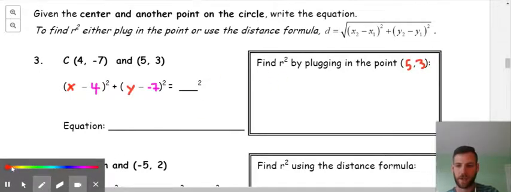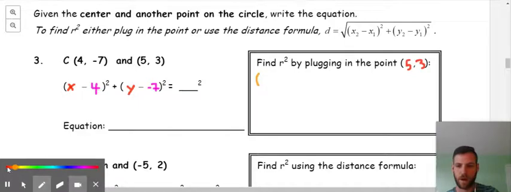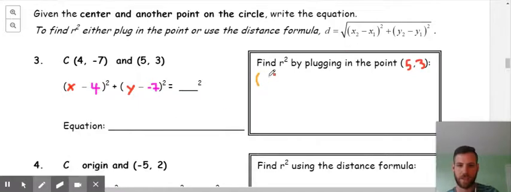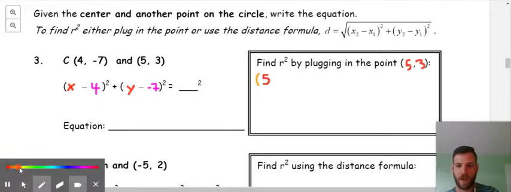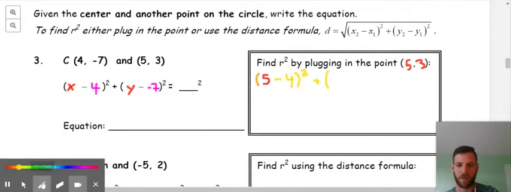So let's kind of start writing this out. So we have our parentheses and our x, which is going to be a 5 this time. And we have our minus a 4 from our center, squared. And then plus our y value is a 3 now.